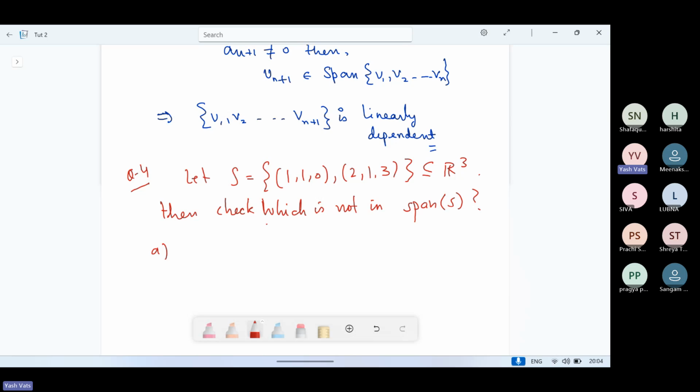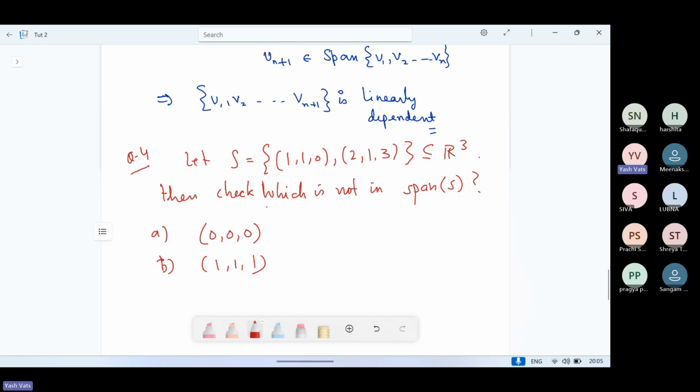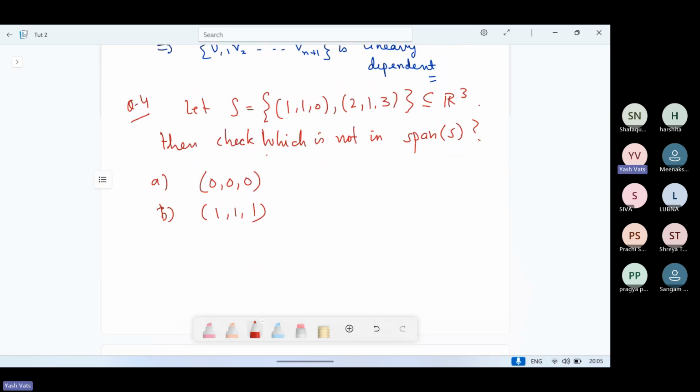So the first one is (0,0,0). The second one is (1,1,1). Yes, just check whether they are in span S or not.